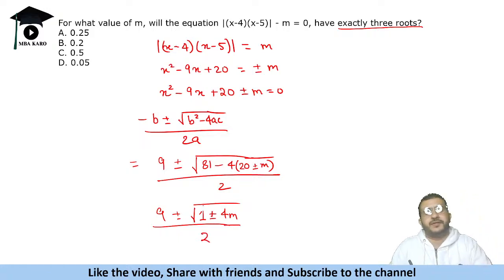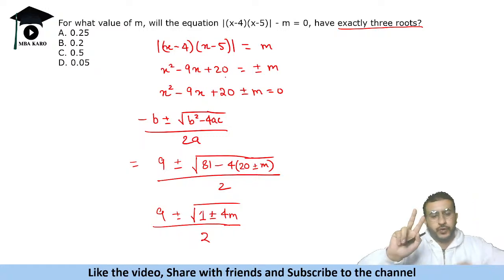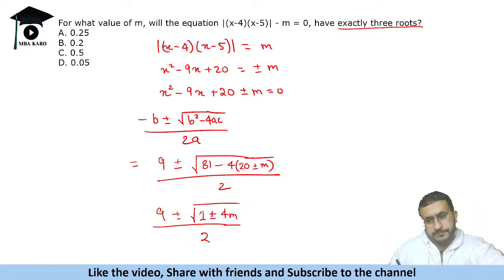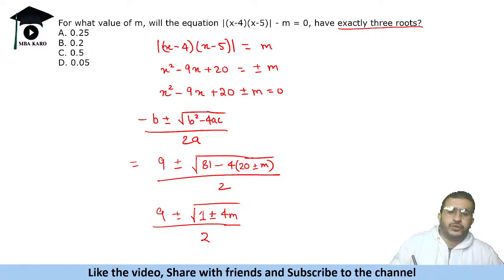Now see this, we are getting two quadratic equations. Each equation has two roots, right? Now one of the equations should get one root. So when do we get one root? When this is 0.